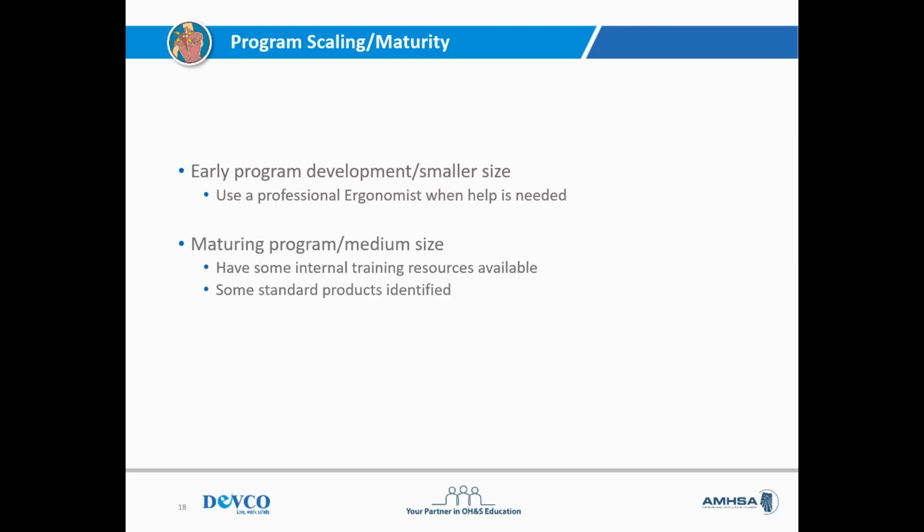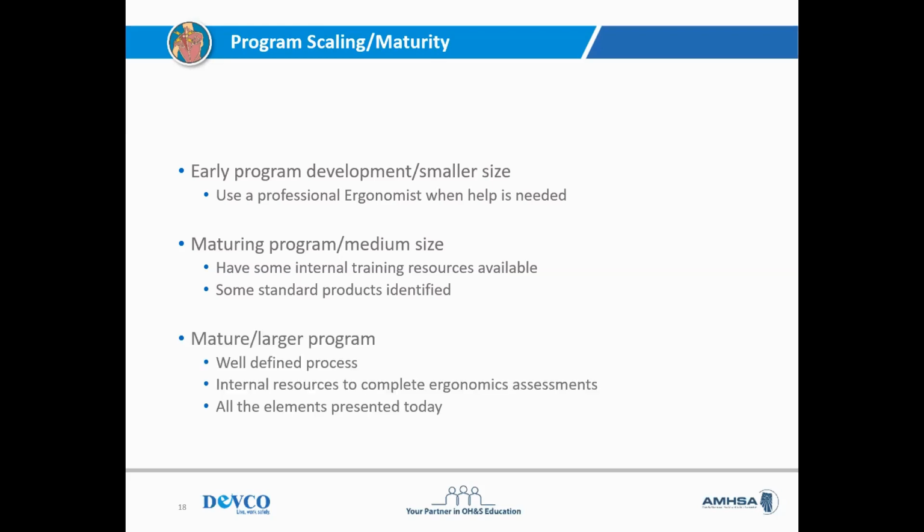As your program matures, or if you're in a medium-sized organization, you might have some internal training resources available. You might have some standards identified. You may still call a professional ergonomist when it's needed, but there's a little bit more of that infrastructure there. And then as your program matures, or if you've got a larger group of office people and you have more of these elements in place, you've got a more well-defined process.